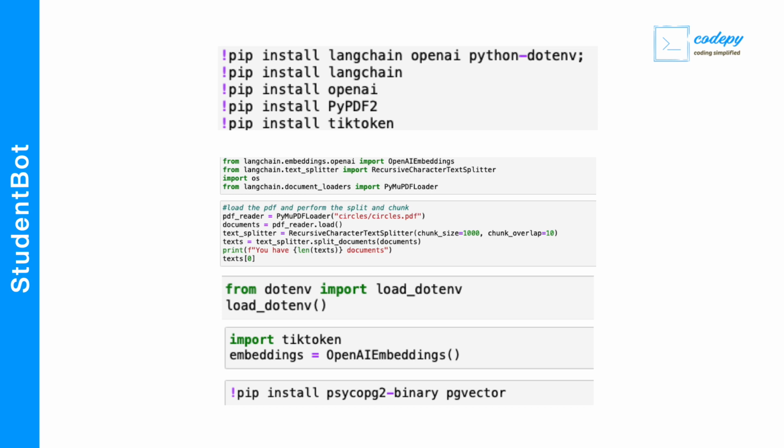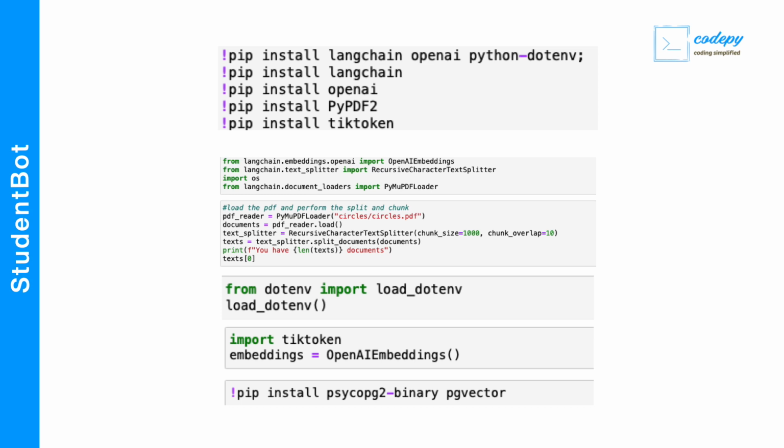Tiktoken and PyMuPDF are also used for different purposes. So from Langchain embeddings, import OpenAIEmbeddings. RecursiveCharacterTextSplitter is the most important package. Import os to load the environment variable.